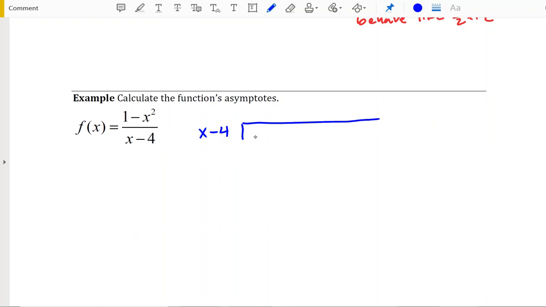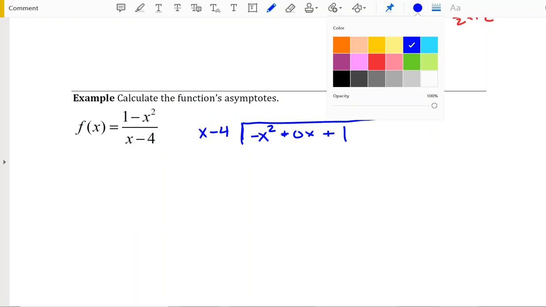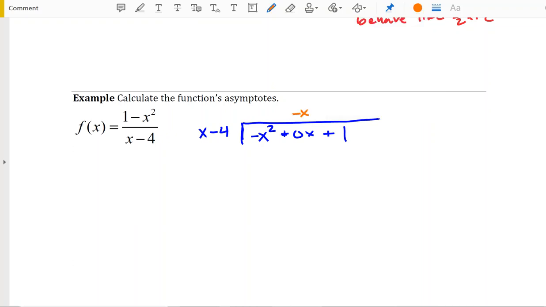One mistake we might make when trying to do this particular long division would be to not put all of our terms in the correct order and to not include them all. Notice in the numerator there is no x term, but we still need it to be represented in our long division. So I'm going to put a plus 0x there. And we check how many times does x go into negative x squared. Well, that's going to be negative x. We get negative x squared plus 4x, and we want to subtract.